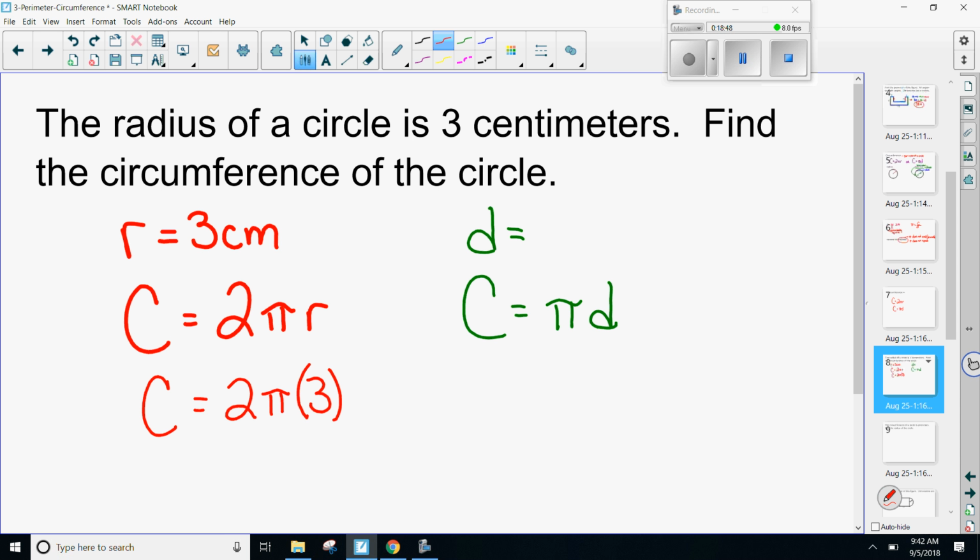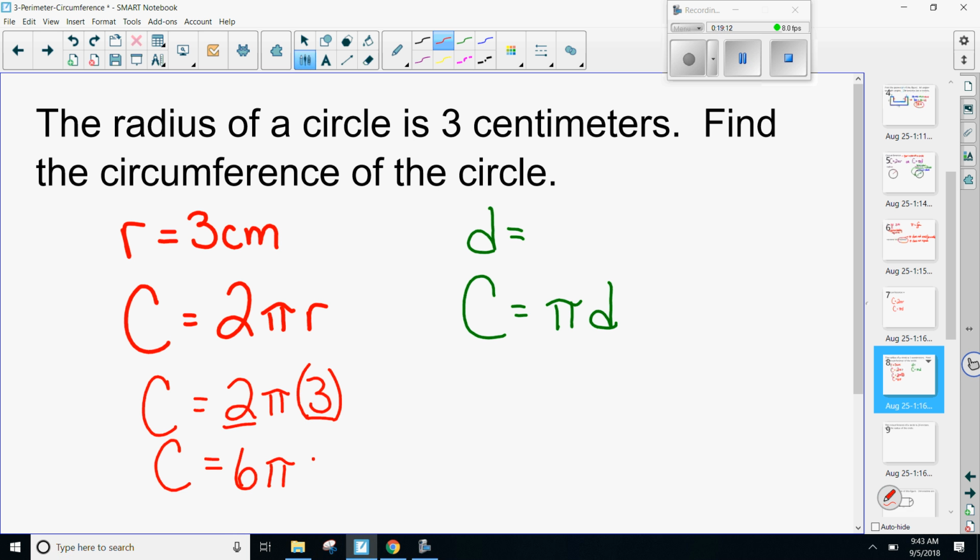You can't just leave that as your answer. Garrett. Area. Area of the circle, because units for area are squared. So circumference is equal to, you can multiply the whole numbers together. 6 pi. Now you can leave your answer in this format.